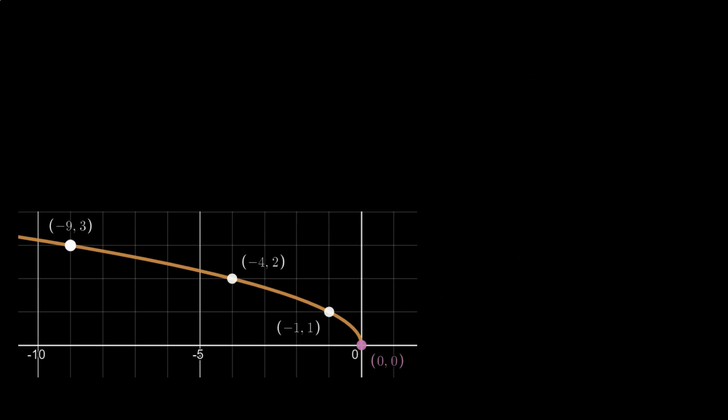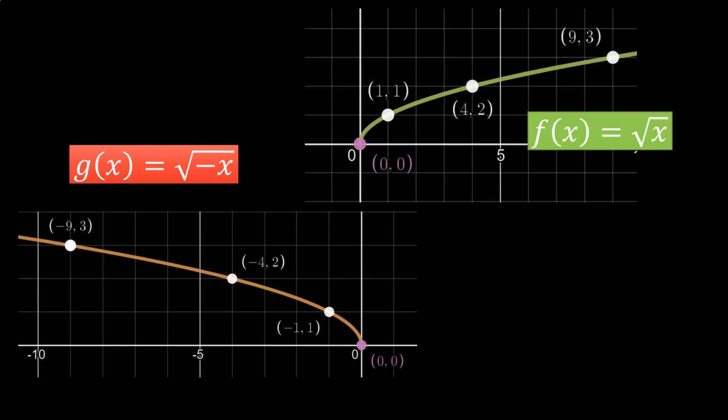All right, now, if you think about that, this graph here, it is on the other side. Okay, instead of flipping, we're rotating, right? So instead of flipping our original square root of x, g of x is actually f of negative x, right?